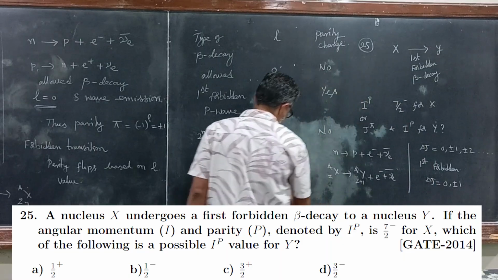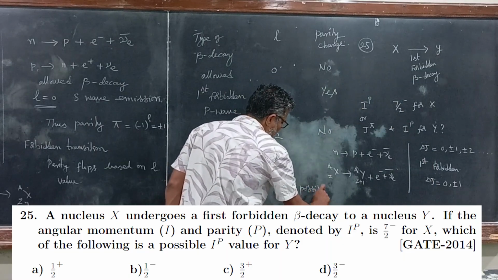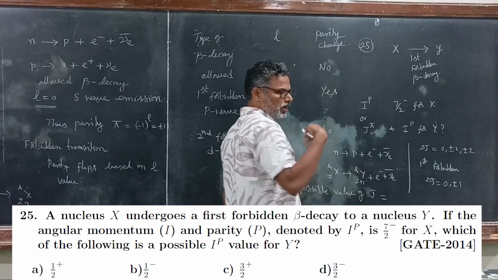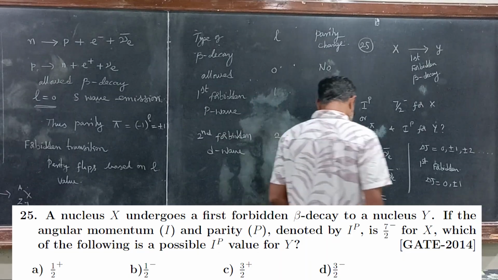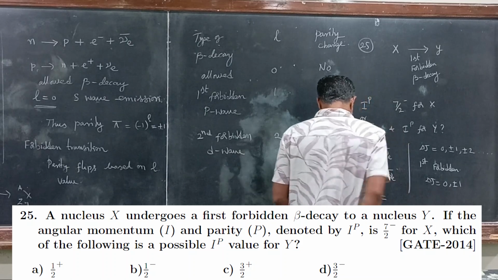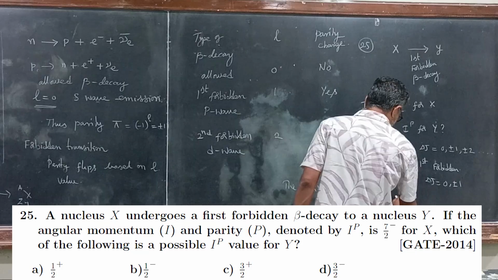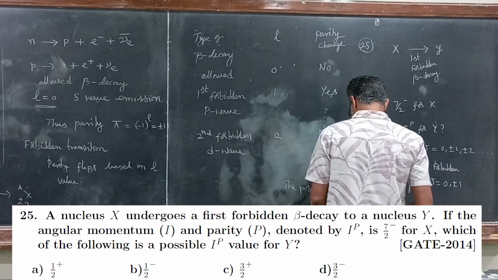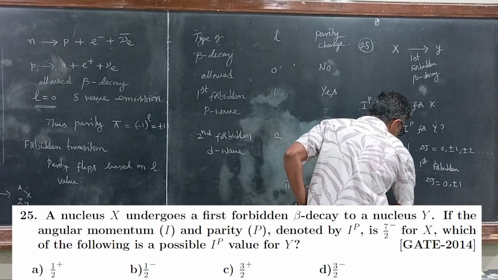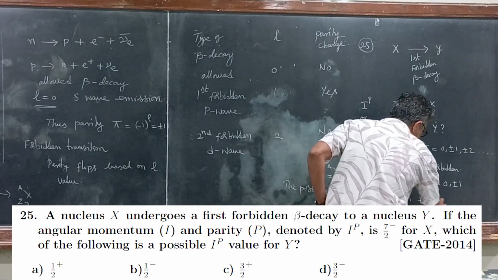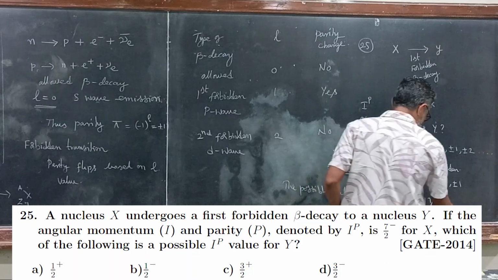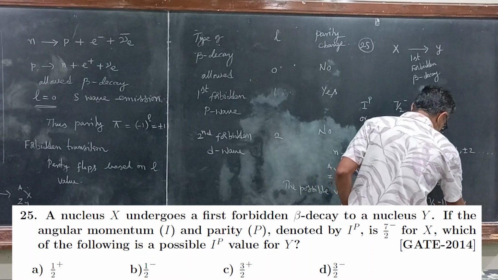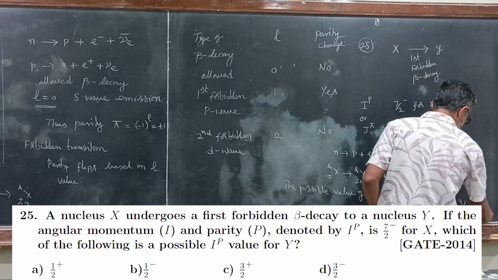So the possible values of J will be from 7 by 2, either plus 1 or minus 1: 7 by 2 plus 1 is 9 by 2, and 7 by 2 minus 1 is 5 by 2.